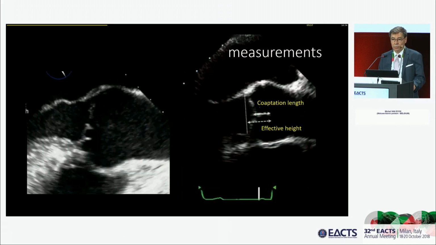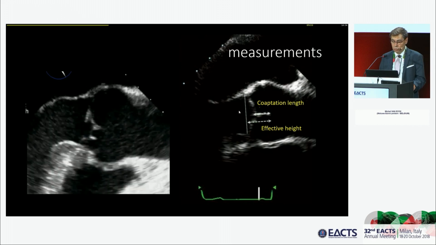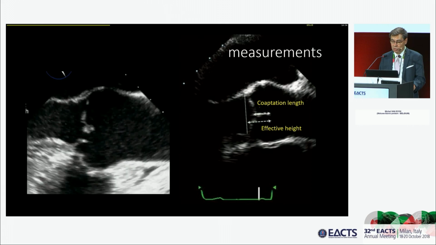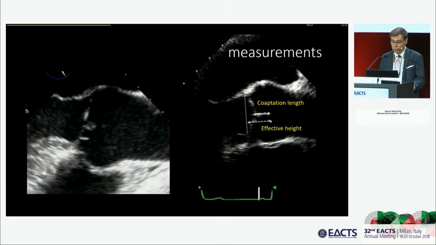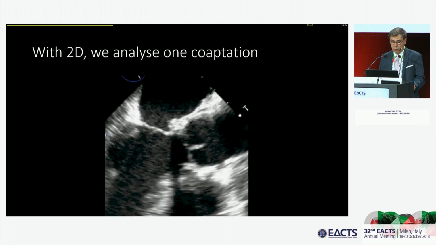So we also have to do some measurements, and the 2 important measurements are the cusp coaptation length and the effective height, which is from the uppermost portion of the coaptation up to the plane of the annulus. And to do these measurements, we also will have to use 3D echo.